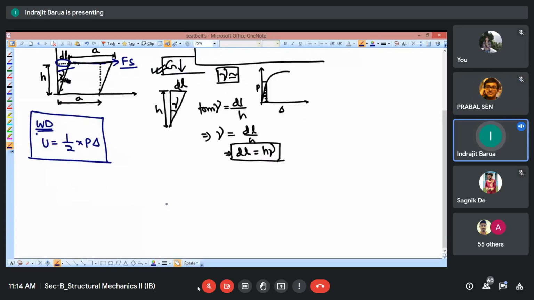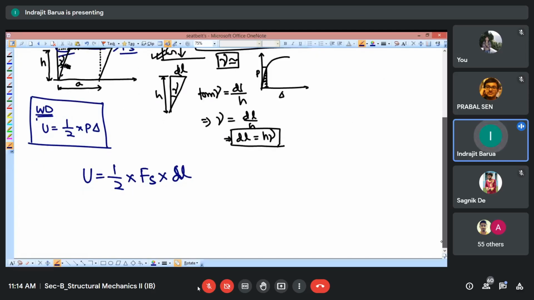So let's go for this one. U equals to half into Fs, which is the shear force, into dl, which is the displacement. Directly I'm putting the same similar equation because this represents my work done, which we will be equating with respect to the strain energy.